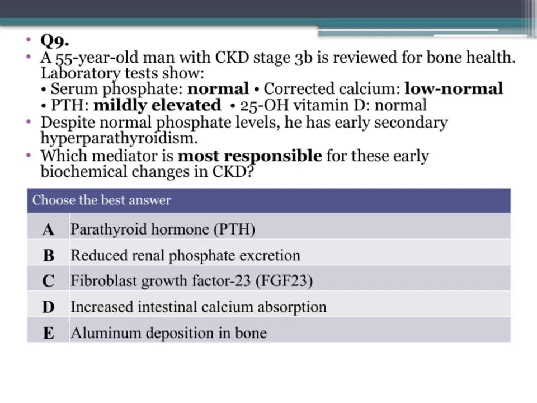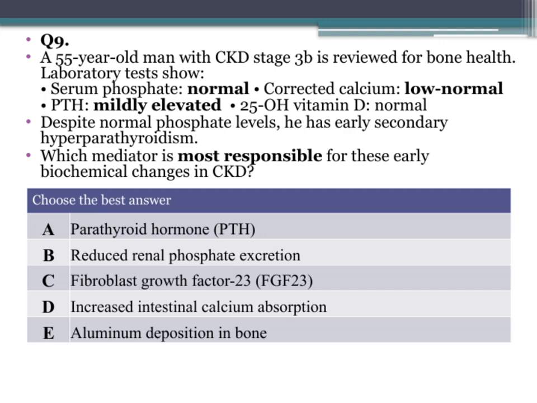In essence, we're asking what drives the increase in PTH in this early stage of CKD. Among the options, fibroblast growth factor 23, or FGF23, plays a crucial role. It acts early to regulate phosphate and vitamin D metabolism, especially in CKD.